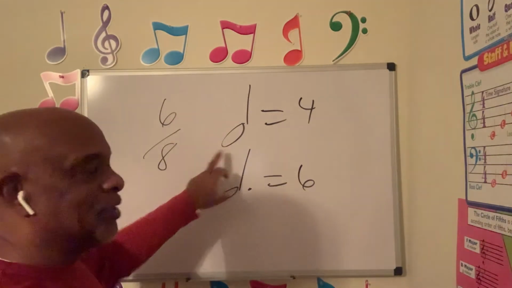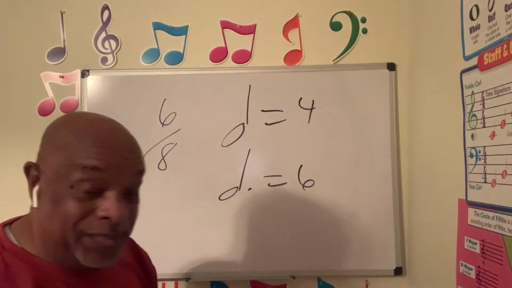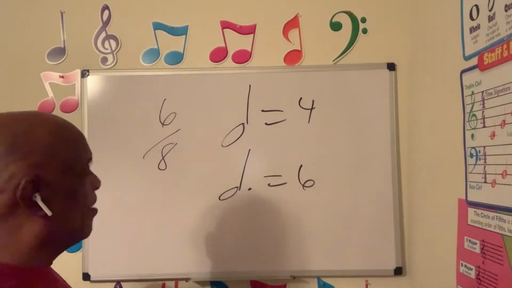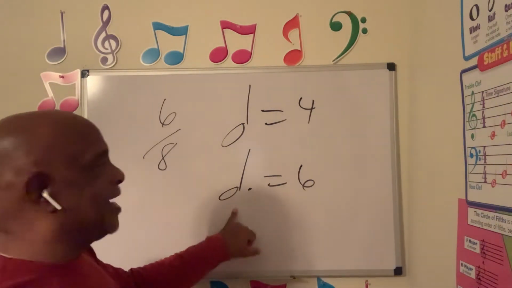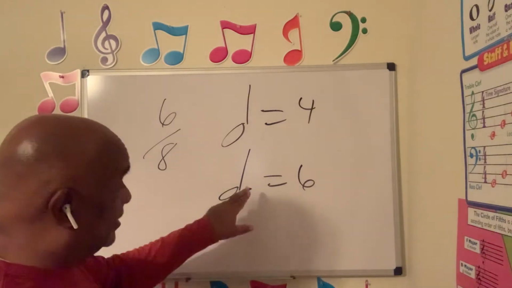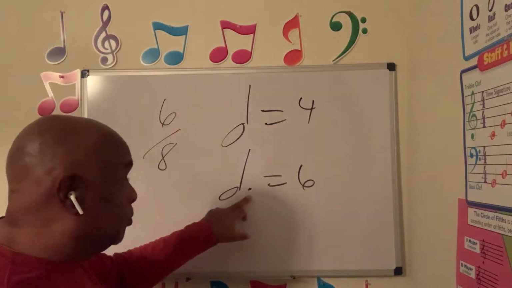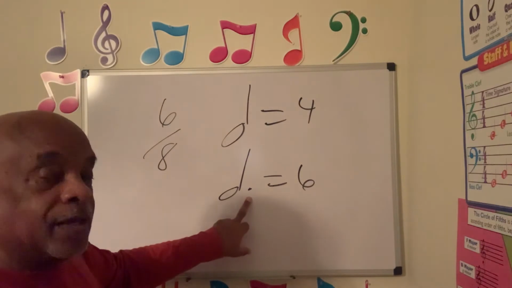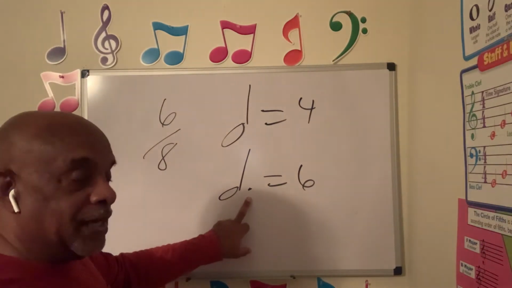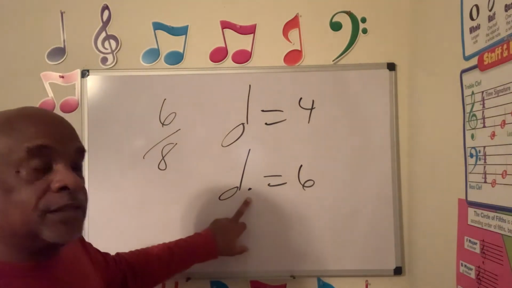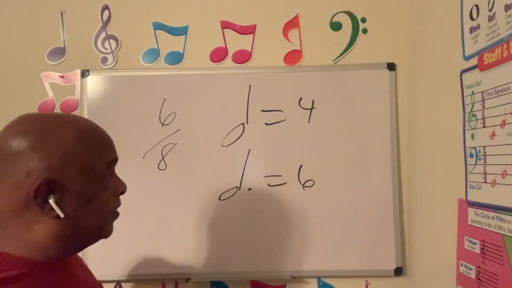If the half note in 6/8 time gets 4 beats, that's it. And the dotted half in 6/8 time gets 6 beats. That means the dot got 2 beats. Again, it's the same principle as in regular time: the dot gets half the value of the note.